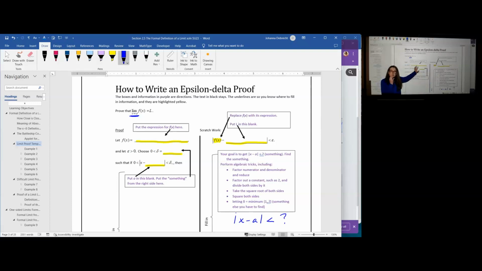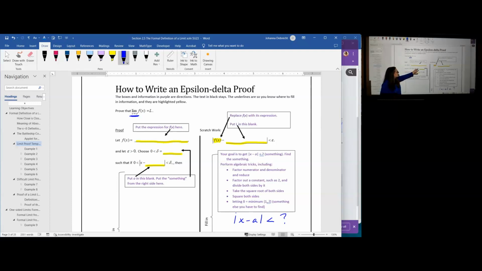Then I start the formal side. Once I have this, I'm ready to actually write the proof. I start with the way the proof reads. Let f of x equal, write the function from the limit here. Put a period, or not yet, and let epsilon be positive. Then put the period.